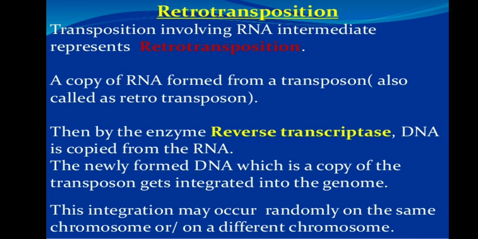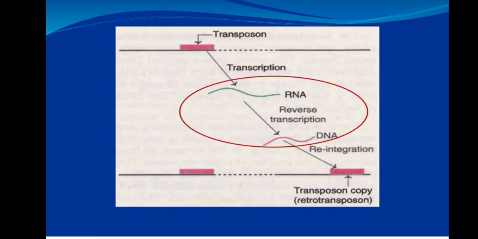This integration may occur randomly in the same chromosome or different chromosomes. You can see these transposons located here. After transcription, RNA will form, and after that, reverse transcription, DNA will form. Thus you can see the change in the location, the change in the position of this transposon copy, which is called a retrotransposon DNA.